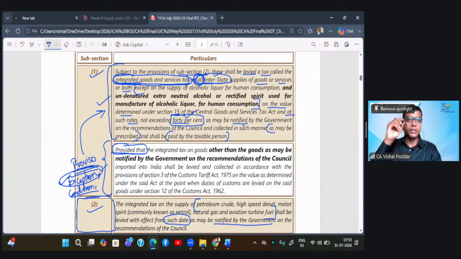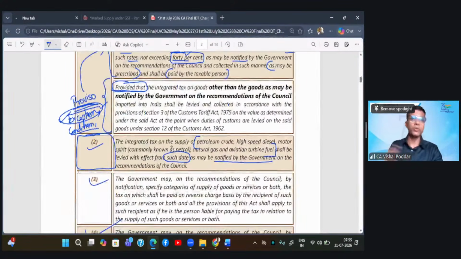The IGST Act. However, the proviso says, of all your interstate supplies, one interstate supply, what is that? It is goods imported into India. In short, import of goods.